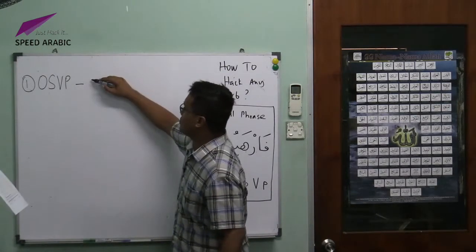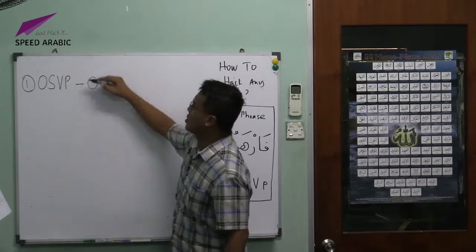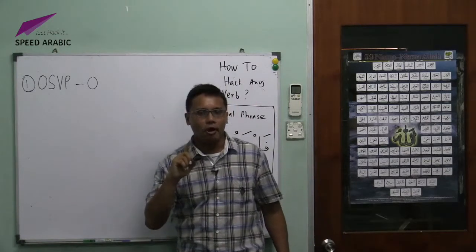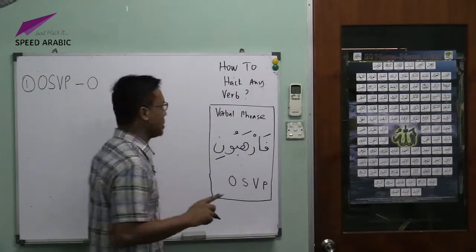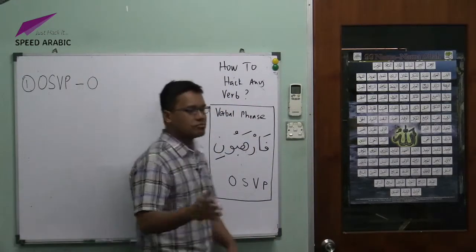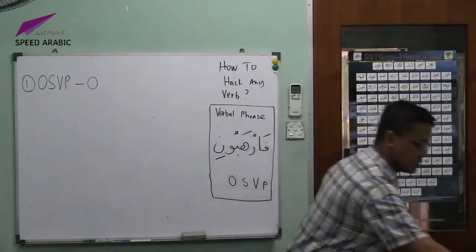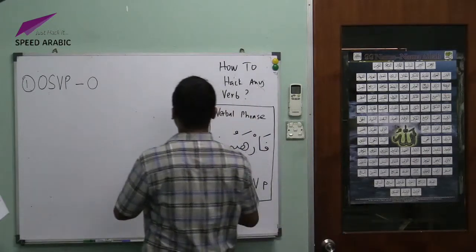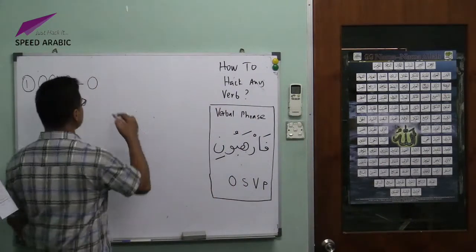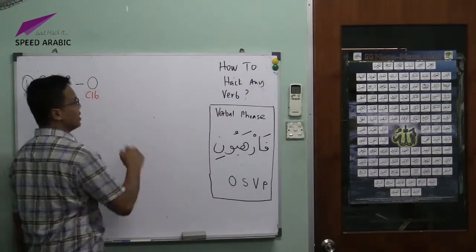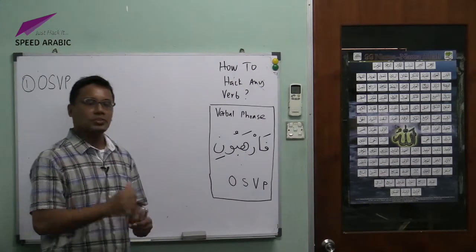so you have minus O, which is the object. Okay, and where to find this object pronouns? Column 16. Okay, column 16.